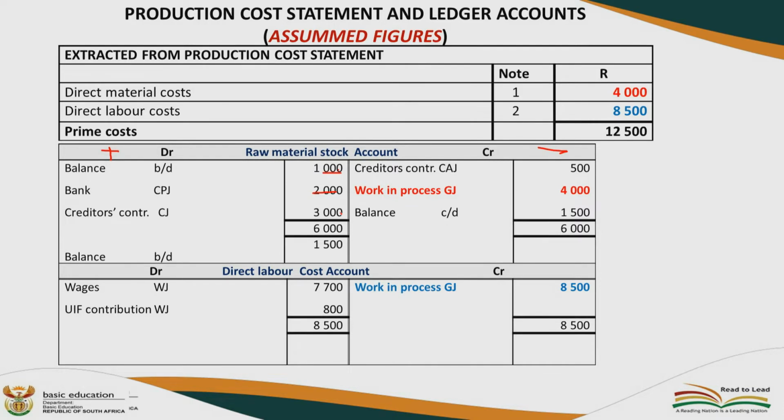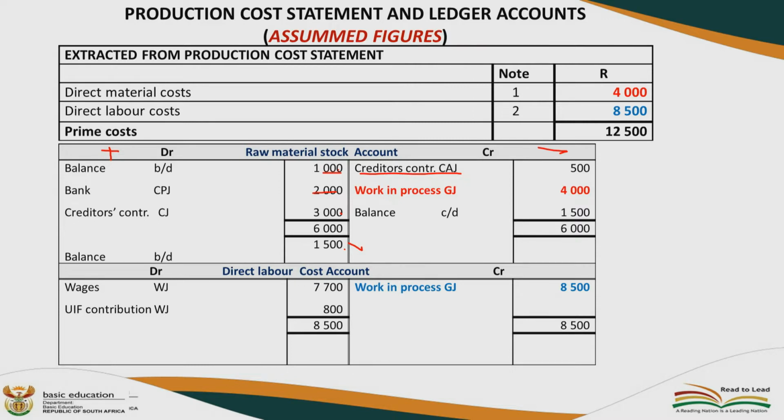Now, you need to take note that there was some stock which was returned to the supplier. Hence, you have your creditors control, and it is your allowances. Once you have that, you now have your closing stock, which is 1,500.